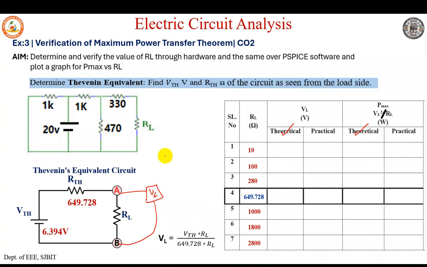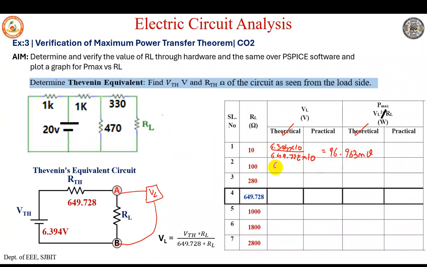So for this column it is VTH, that is 6.394 into RL, which is 10, divided by 649.728 plus RL, that is 10. This gives us a voltage of 96.63 millivolts.